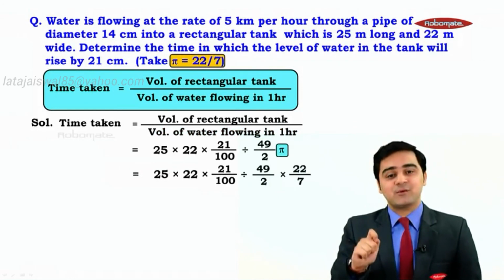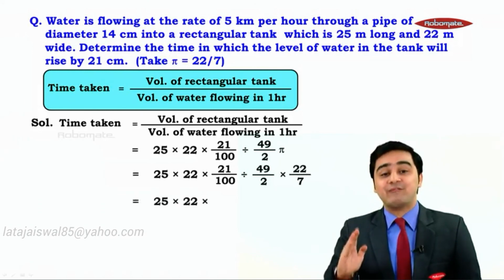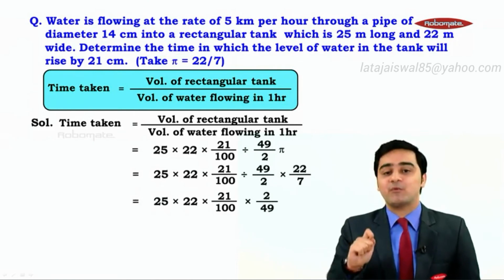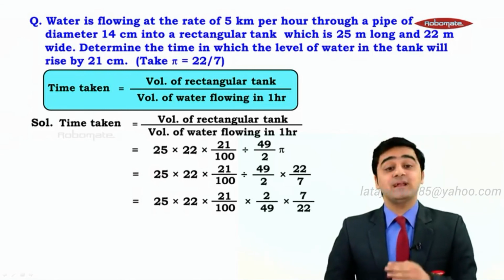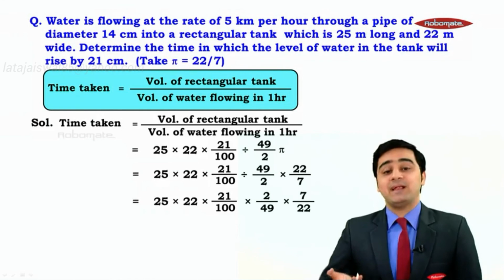Now we can substitute and it is equal to 22 upon 7. Then the next step is time taken is equal to 25 into 22 into 21 upon 100 into 2 upon 49 into 7 upon 22. Since we have converted division into multiplication, the terms will get reciprocal.